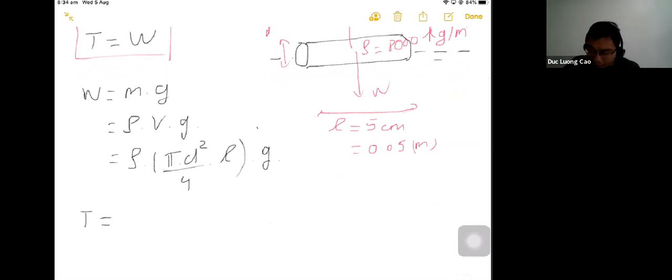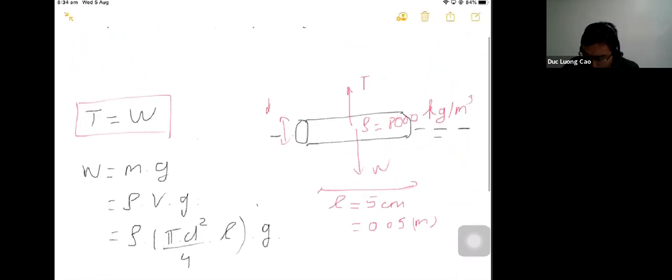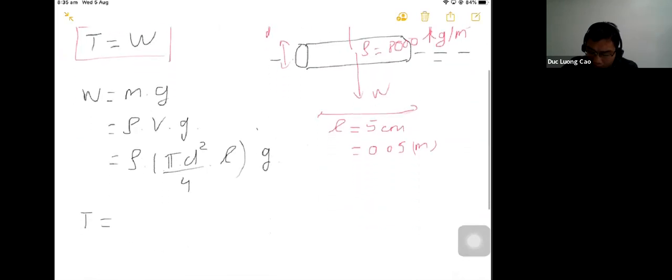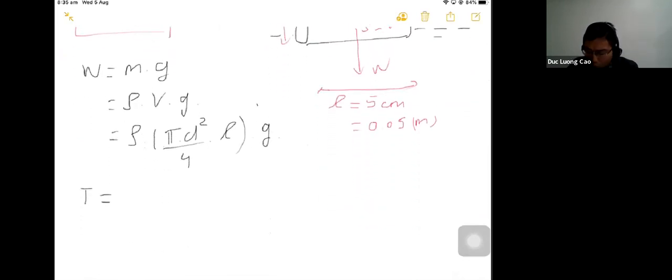The contact length, it means when you see from the top view, the contact between the needle and the water surface will be this one, which is L, and D, the contact between the needle and the water surface.